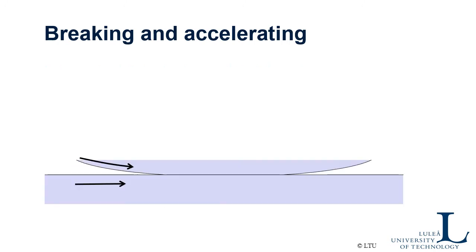So let's translate this now to a real contact of two smooth surfaces. What you have is the kind of Hertzian contact, or the contact pressure distribution in the contact that looks something like this. Here, when the contact starts, you have zero pressure, and then it increases to a maximum and then goes down to zero again. And this curve could be the available friction, which is mu multiplied by p.